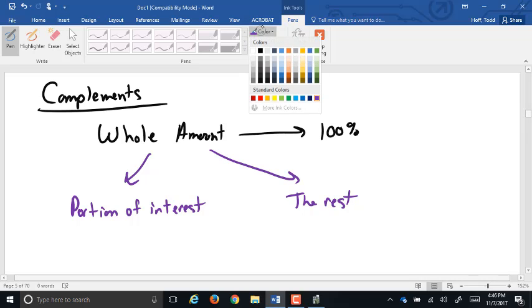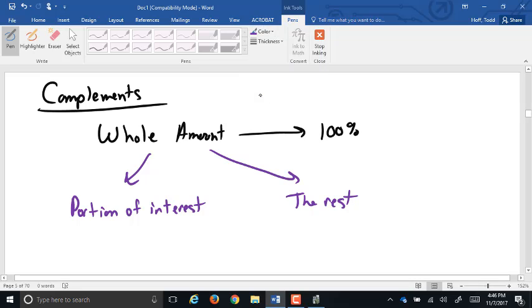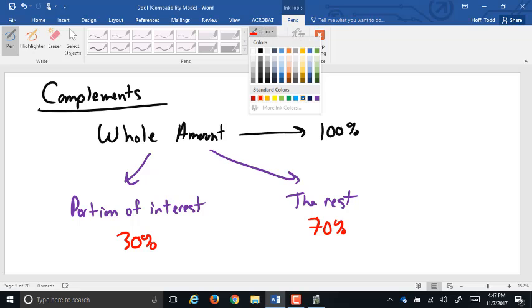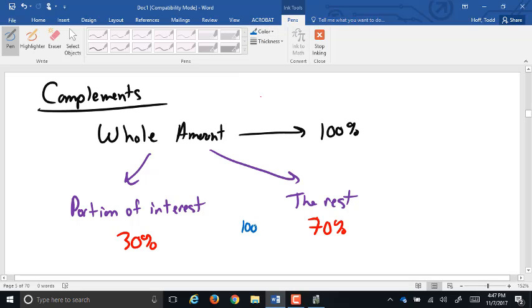Well, if our portion of interest is, let's say, 30%, what percent is the rest of it? 70. How'd you get that? Yeah, just do 100 minus 30 equals 70%.